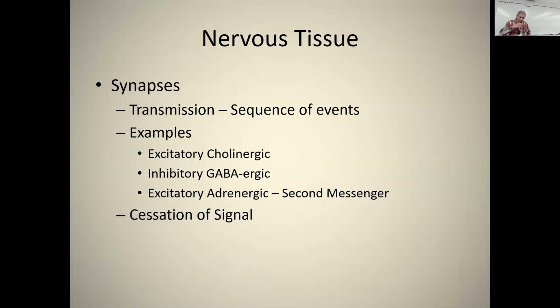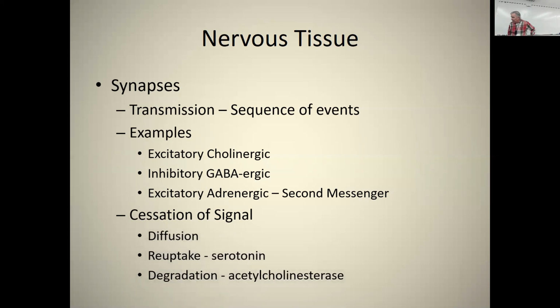Then cessation of signal. Just as important as turning on a synapse is turning it off. How do you turn off synapses? Well, sometimes the neurotransmitter just diffuses out of the synaptic cleft. You know, it may be picked up by other cells, but it just diffuses out of the cleft.